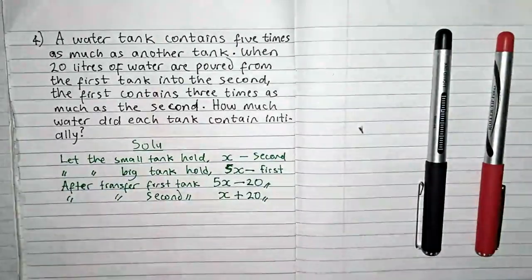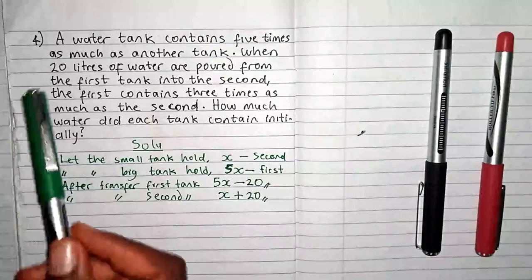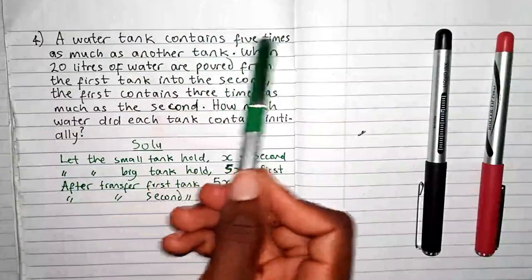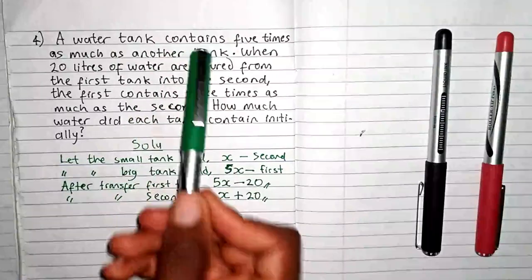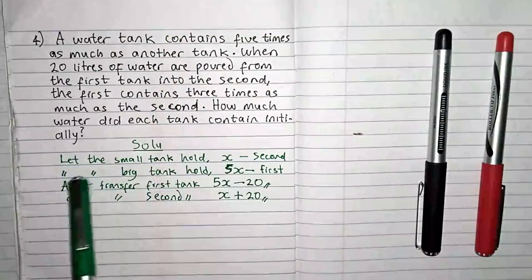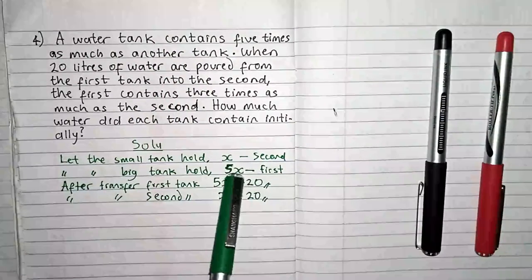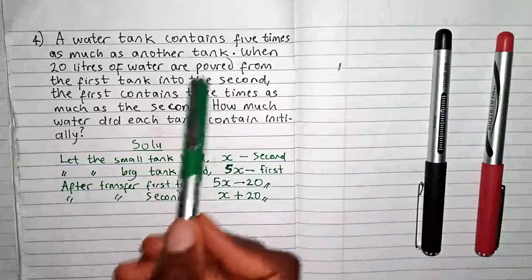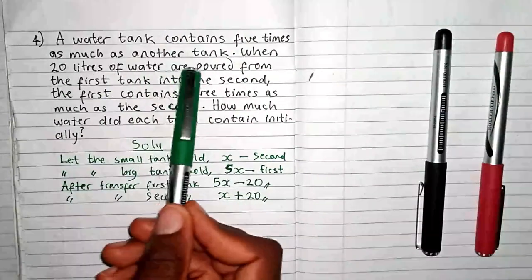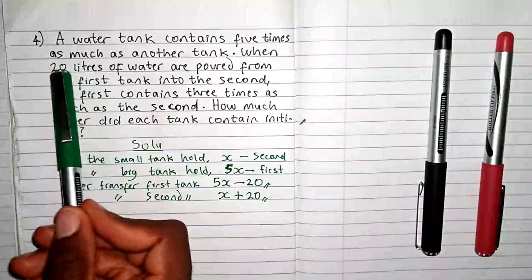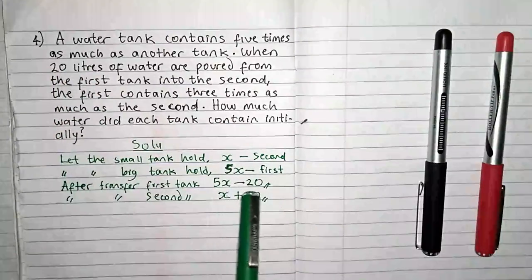Look at it. Let's read it together. A water tank contains 5 times as much as another tank. Let the small tank be x, then the big tank holds 5x. When 20 liters of water are poured, these 20 liters are coming from the big tank.